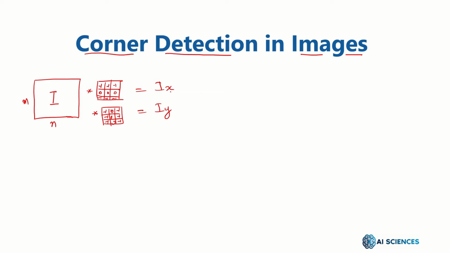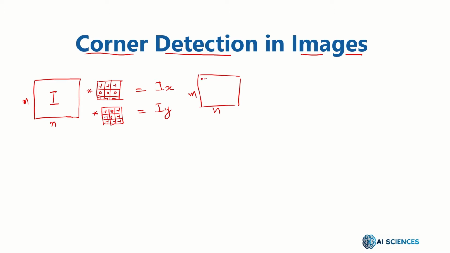Once we have Ix and Iy, each is again an m by n image. Now our goal is to construct the following matrix for each pixel.